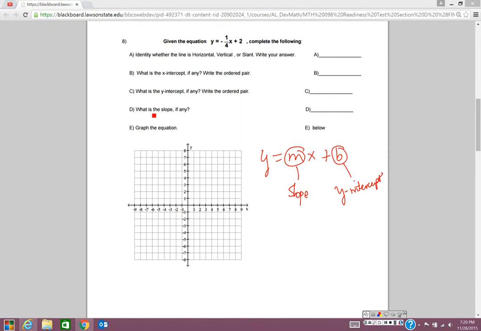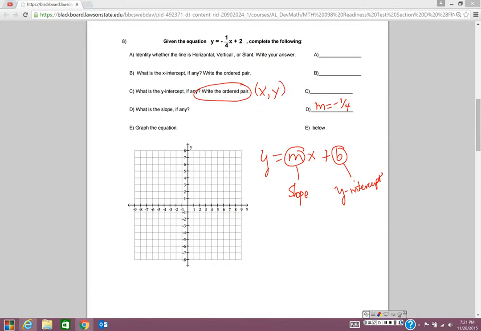So already I know that my slope is -1/4, and you can write m equals -1/4 or just simply -1/4, and you already know the y-intercept. It says write as an ordered pair, meaning parentheses and your x and your y coordinate.